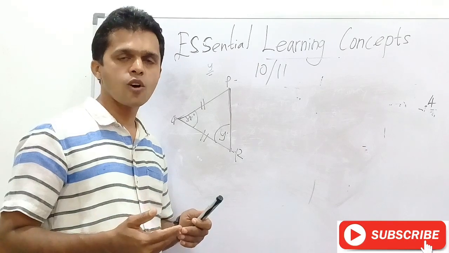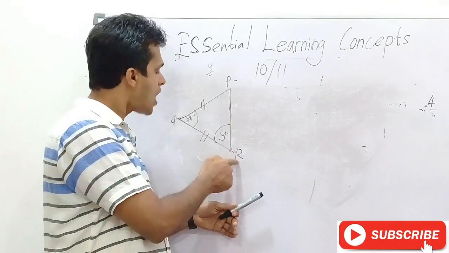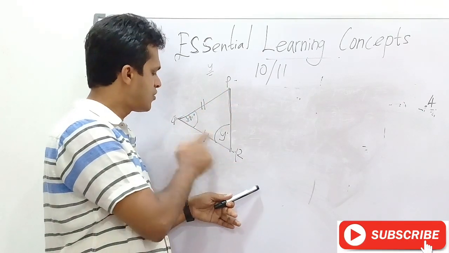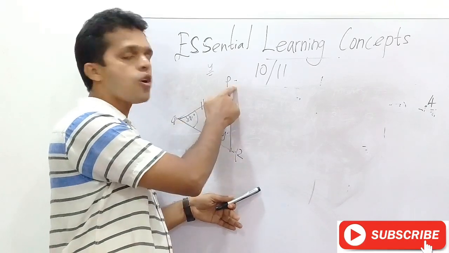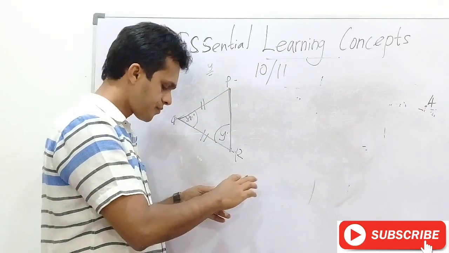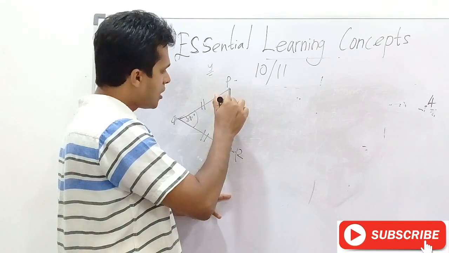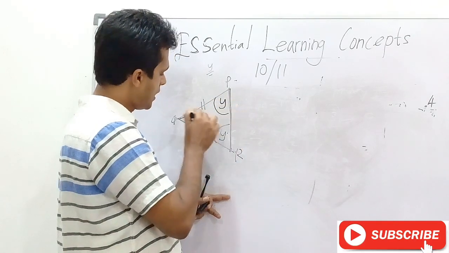The angles opposite to the equal sides are equal. So, QR equals QP. This means if QR equals 5 cm, then QP also equals 5 cm. So, if this is y, this angle also should be equal to y.